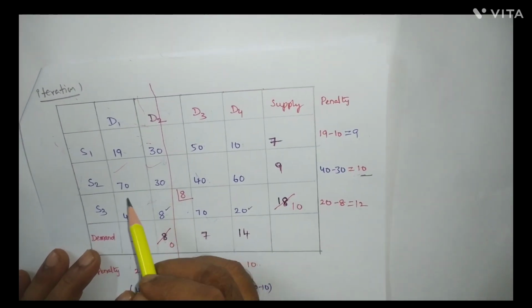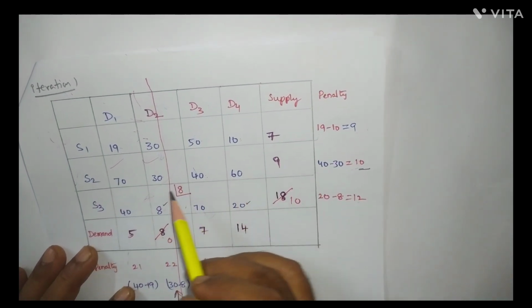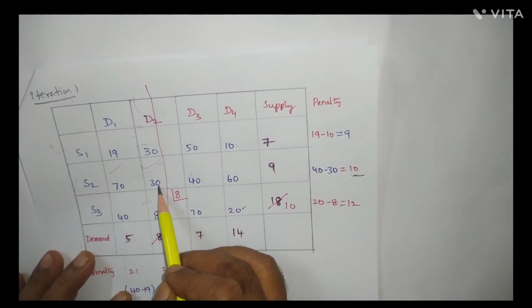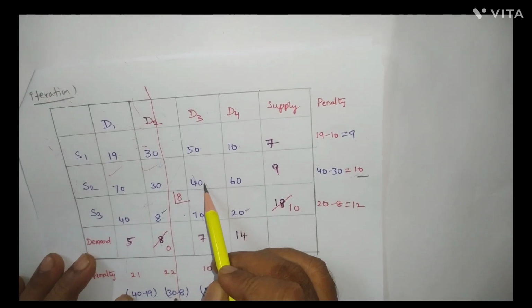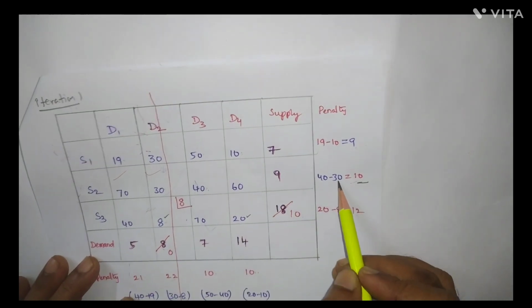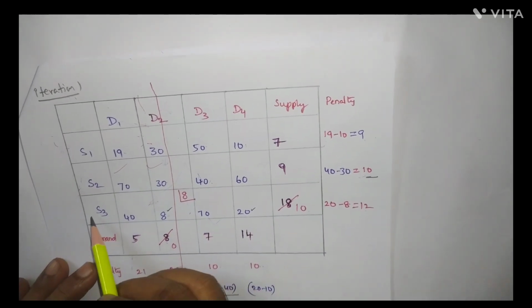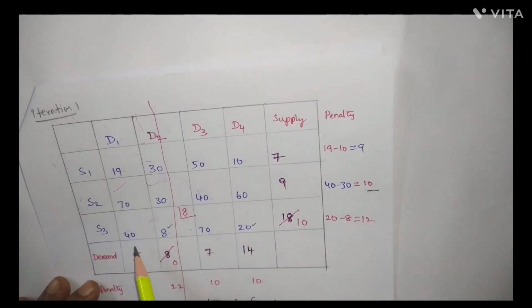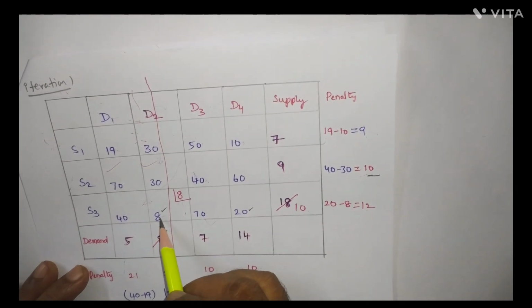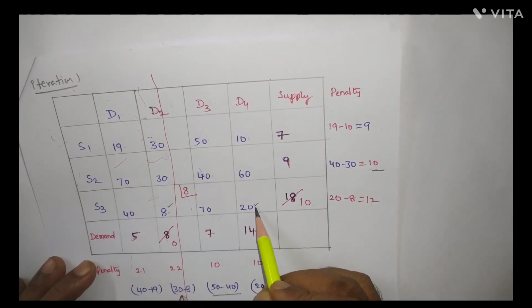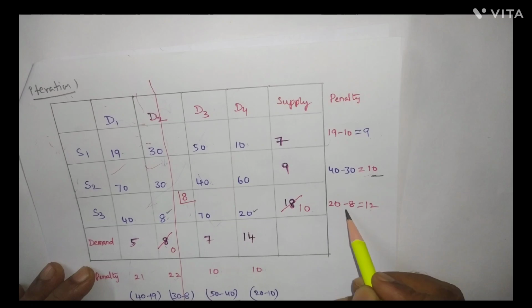In the second row, the first minimum is 30, the next minimum is 40. 40 minus 30 equals 10. In the third row, the first minimum is 8, the next minimum is 20. 20 minus 8 equals 12.